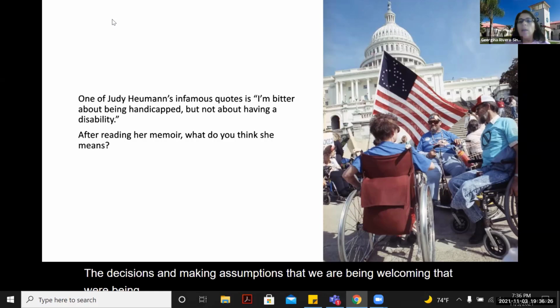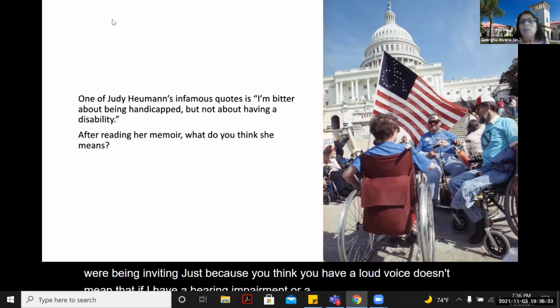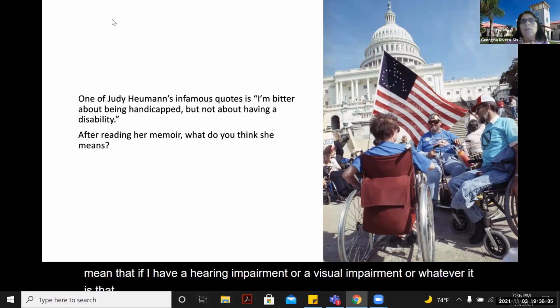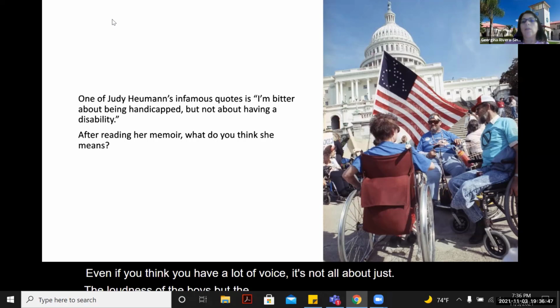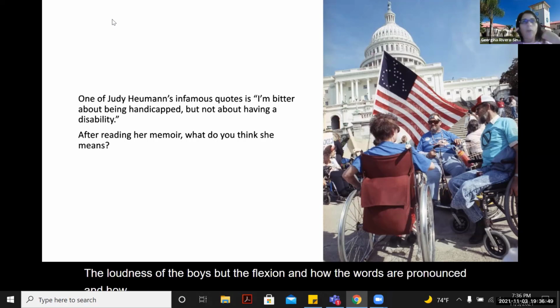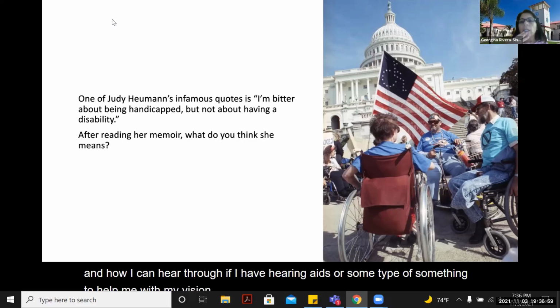Just because you think you have a loud voice doesn't mean that if I have a hearing impairment or a visual impairment or whatever it is that I have, if I can't hear you, even if you think you have a loud voice, it's not all about just the loudness of the voice, but how the inflection and how the words are pronounced and how I can hear through, if I have hearing aids or some type of something to help me with my vision, or maybe I just need to read your lips.